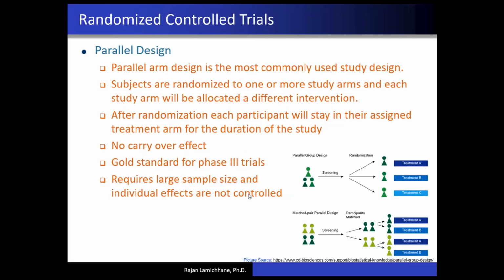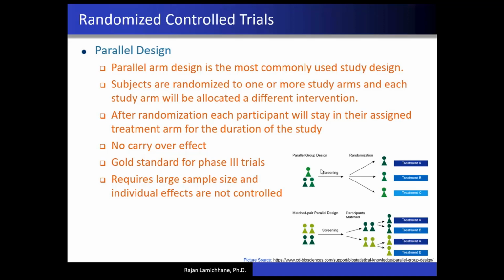the vitamin C. There are different types of randomized control trials. First and very common randomized control trial is parallel design. In parallel design, the individuals are randomly allocated into different arms or different treatment groups.